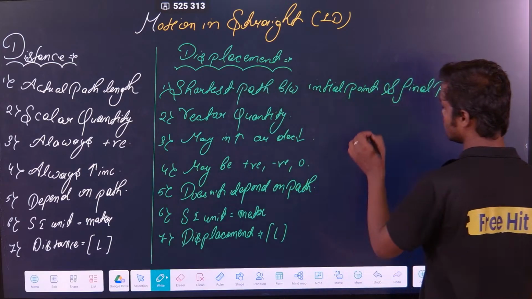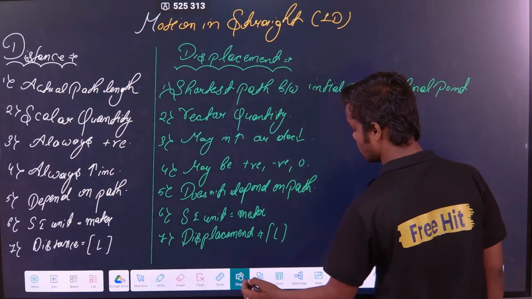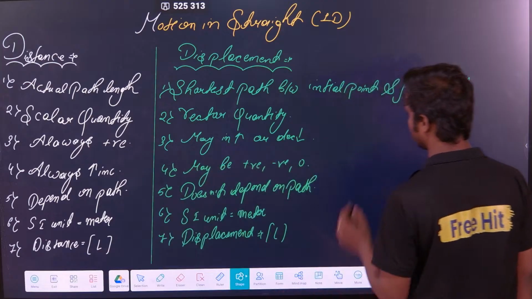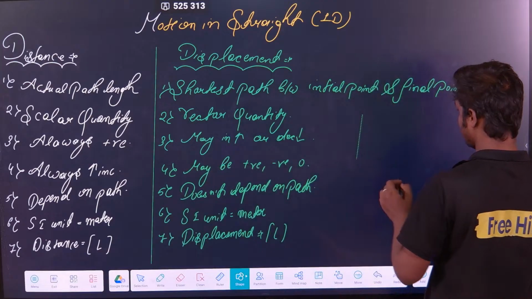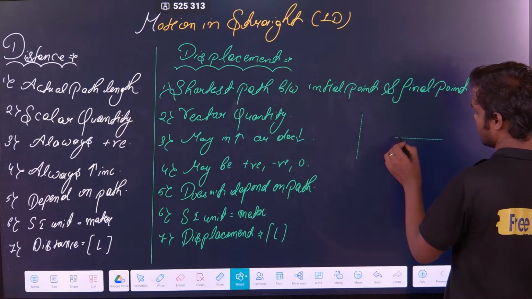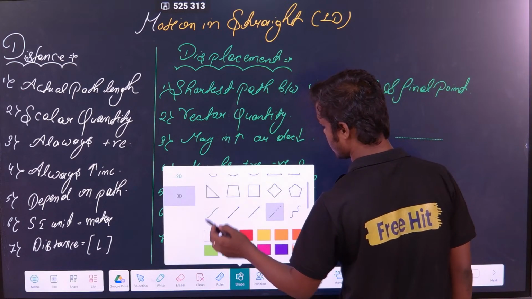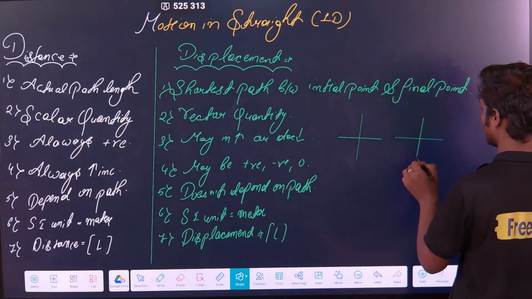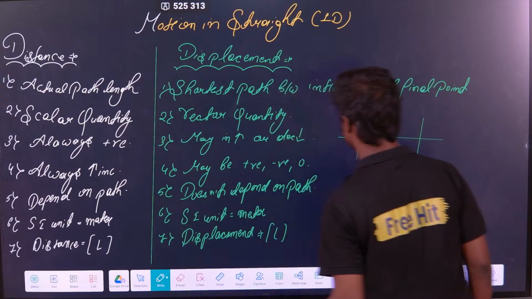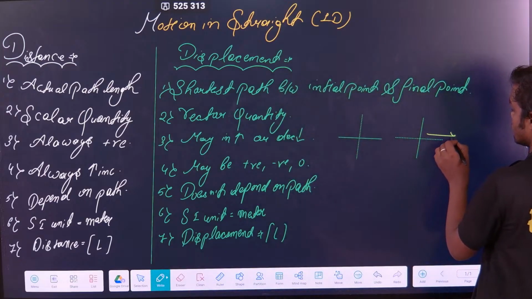The important difference is, suppose you talk about displacement, there are two cases possible. One is this case and one is this case. What I am trying to say is, if you move in this direction, you take it as positive.